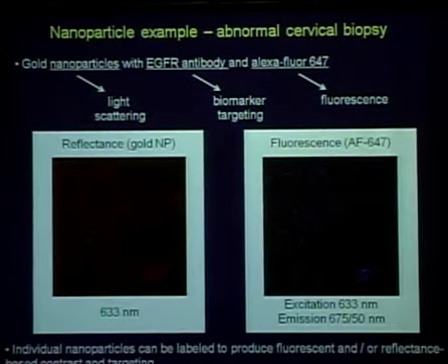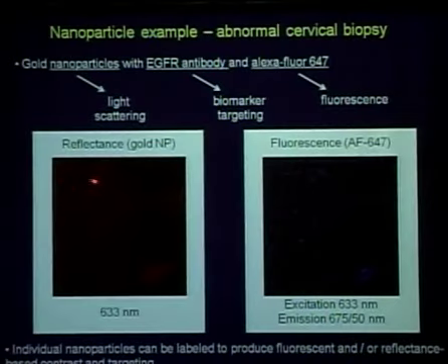What I show here is a cervical biopsy that we've labeled with gold nanoparticles that are conjugated to an antibody that binds the epidermal growth factor receptor. And we conjugated to this antibody both a metal nanoparticle as well as a fluorescent dye. And you can see the cytoplasmic membrane labeling both in reflectance mode and in fluorescence mode.